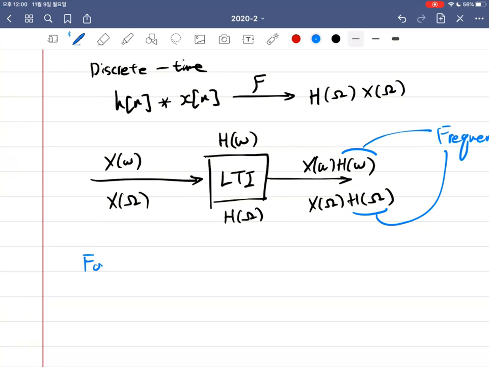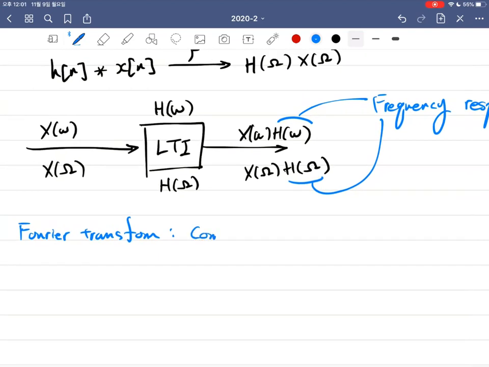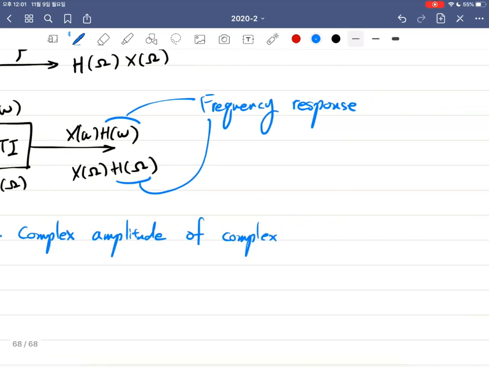So the Fourier transform consists of complex amplitudes of complex exponentials, because the complex exponential was the basic function that we have adopted.